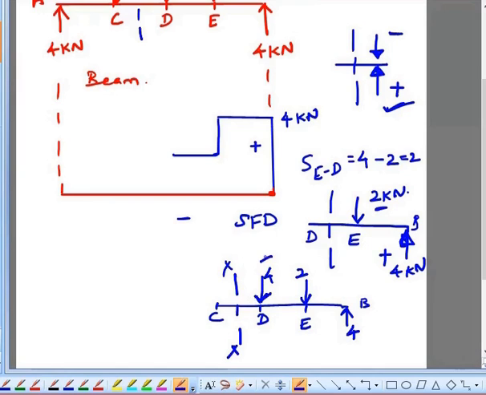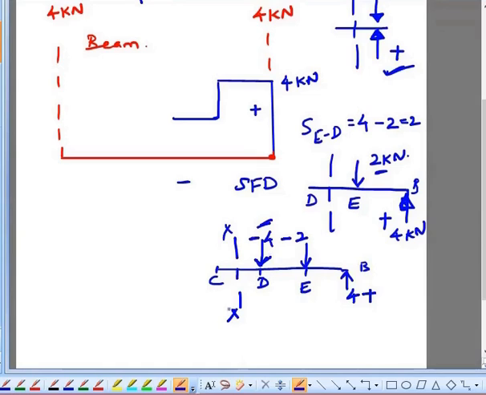So this 4 kilonewton force is acting in the downward direction and to the right of the section XX. So it has to be taken as a negative. And similarly, this 2 kilonewton is acting in the downward direction to the right of the section XX. This is taken as negative. And this is acting at point B in the upward direction and to the right of the section XX. This is taken as a positive one.